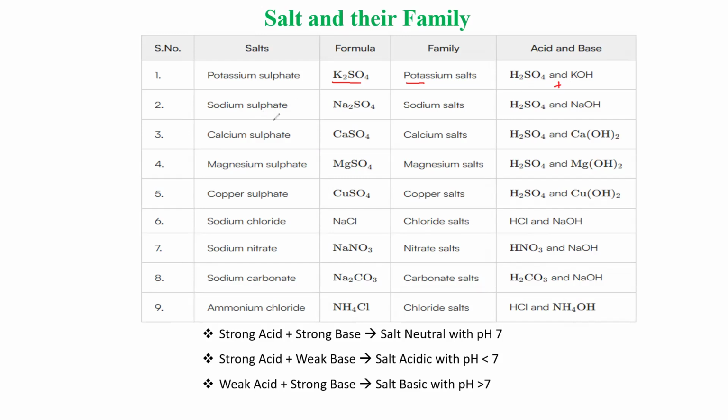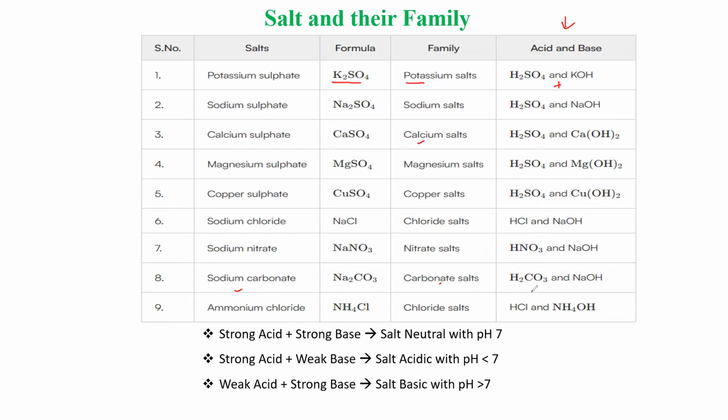Similarly, we have sodium phosphate, that is the sodium salt family, and calcium sulfate from the calcium family. All these reactants are written here on the right side, showing how we obtain each salt. On the basis of their reactant properties, like sodium carbonate is in the family of the carbonate salts.